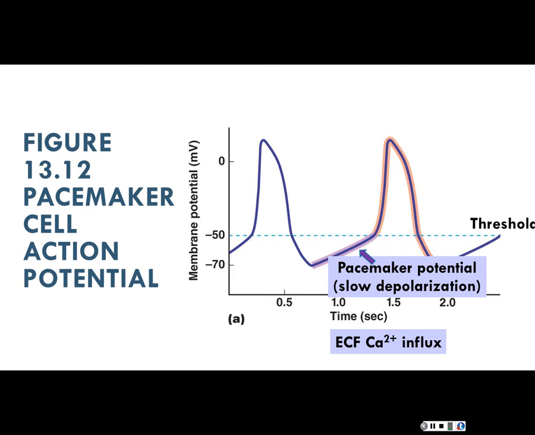Then we'll reach threshold and then rapidly depolarize. So the takeaway is our pacemaker cells are leaky to calcium. They continually bring up the threshold, generate an action potential, and then go back. It's continuous.